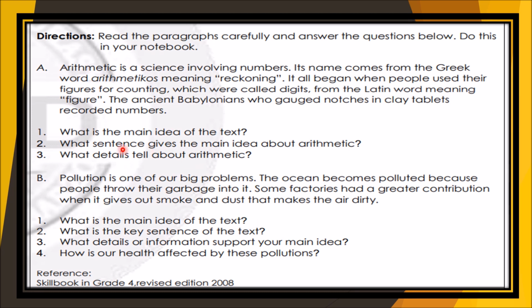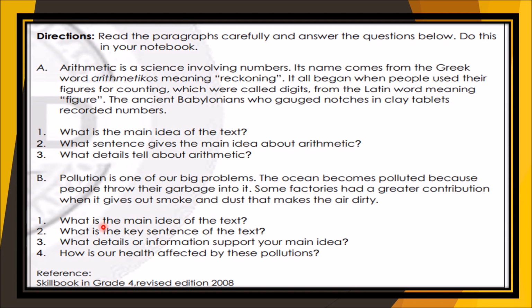The main idea, what is the main idea? Of course, the main idea is found here. Pollution is one of our big problems. Pollution is one of the big problems, right? And what is the key sentence in the text? So, the key sentence, you can also find here, that pollution is one of our big problems.